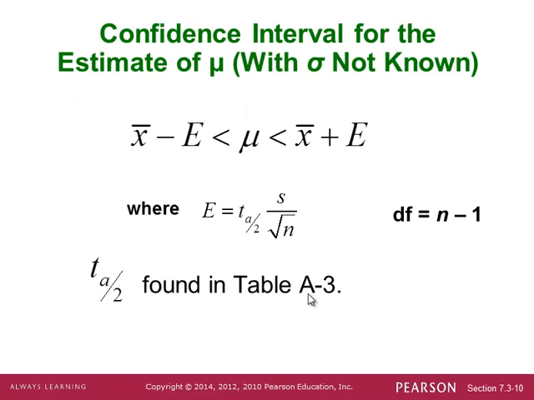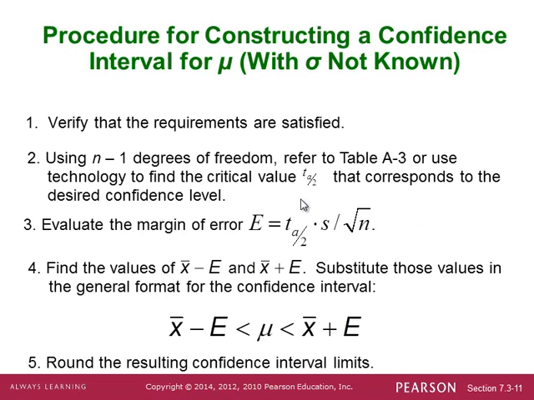Once you figure out E, you take x bar minus E and x bar plus E to get the left and right limits for your confidence interval. Remember, your margin of error E is calculated as your t critical value times s over the square root of n. I'll show you momentarily how to look up your t values when we do our example.